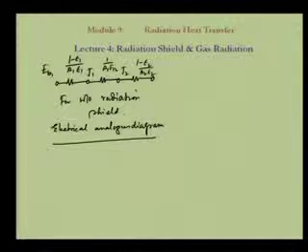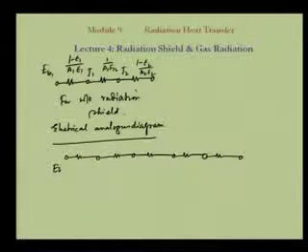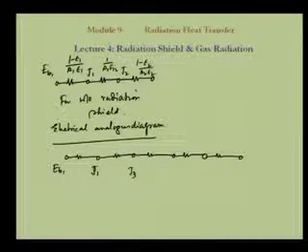Now, when there is a radiation shield, what is happening? There will be 3 more resistances added, so 3 plus 3, 6 resistances. If I write over here, EB1, then J1, then J3, then EB3, okay.